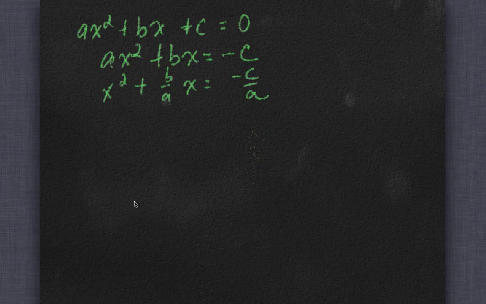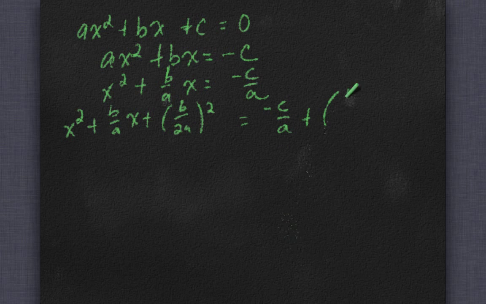Now, to complete the square, I need half of whatever this is. Half of whatever this is, b over 2a. And that's going to equal negative c over a plus.